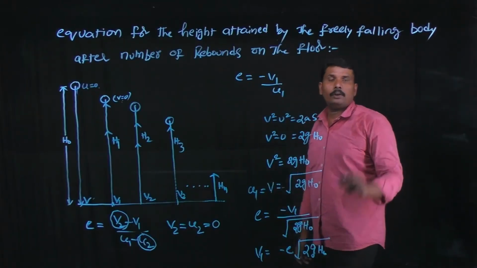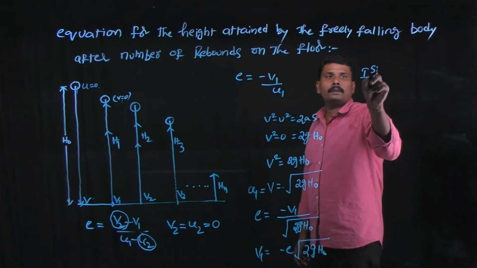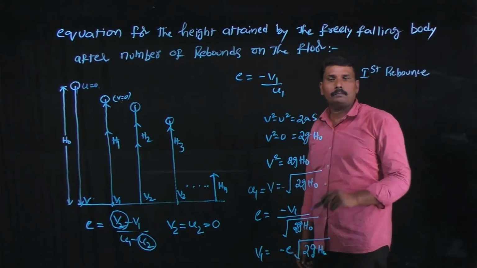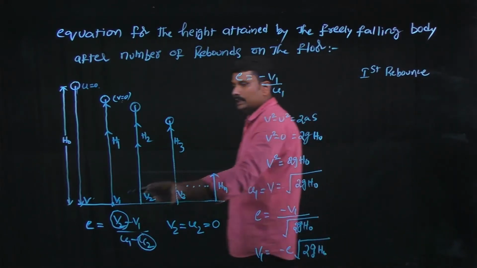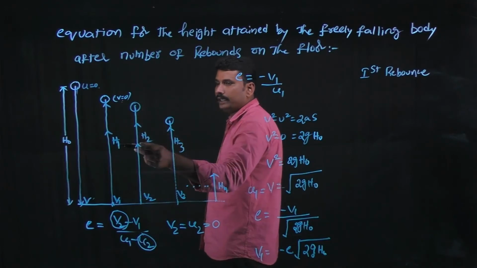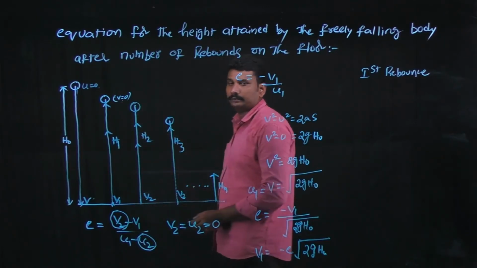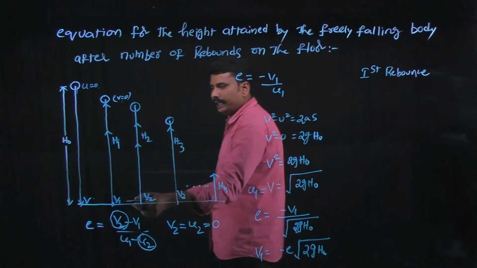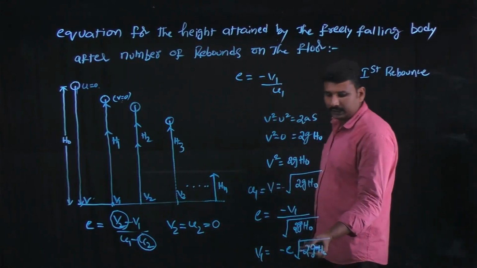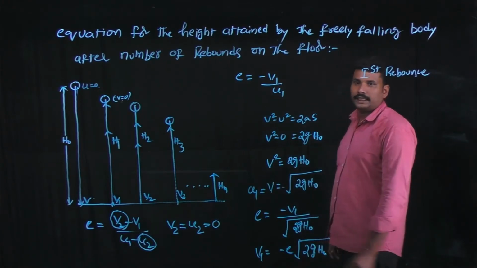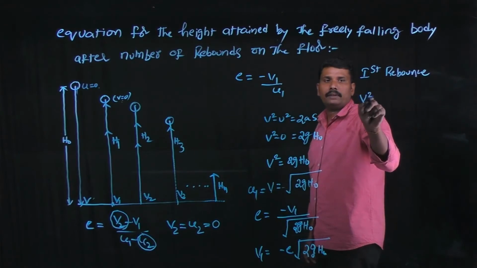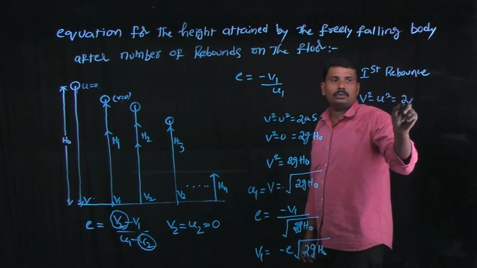Now for the first rebound. This is the first rebound condition. Here the object rises to a height h1 from the surface. At here it has the velocity minus e into under root 2g h0. And we have the kinematic equation v square minus u square equals 2as.